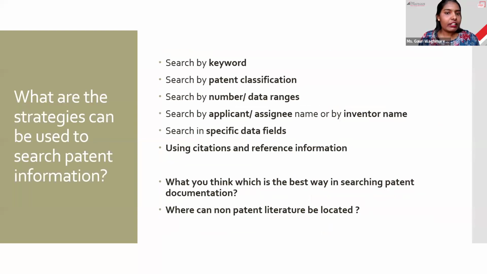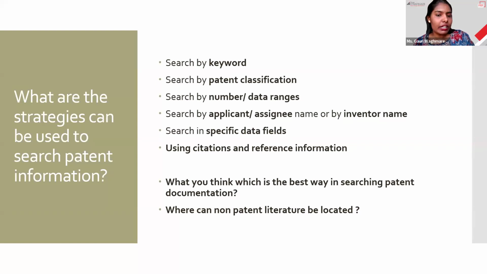So these are the steps we need to follow for patent analysis, where keywords play a very important role. Keywords are from the technical data as well as non-technical keywords. For example, patent classification codes can be used as a keyword. Also, date ranges or numbers can be used as keywords.